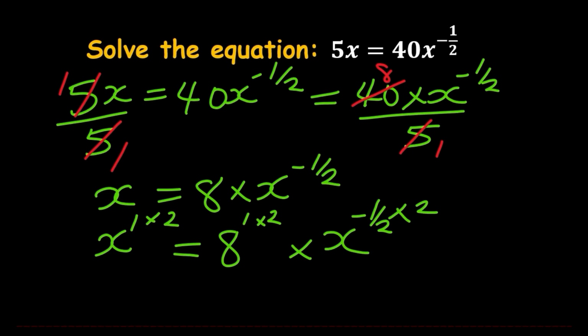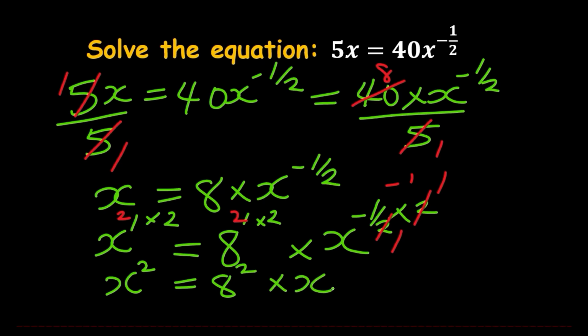Simplifying, 1 times 2 is 2, and 1 times 2 is also 2. And here, 2 divided by 2 is 1, so we are left with minus 1. x squared is equal to 8 squared times x raised to the power minus 1.